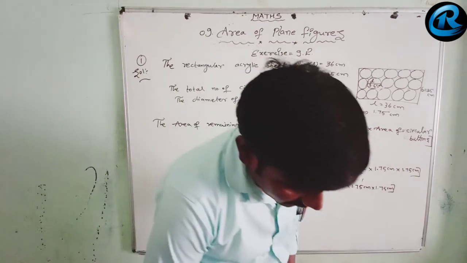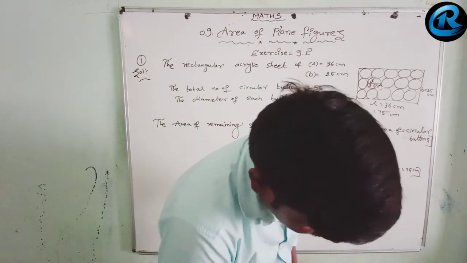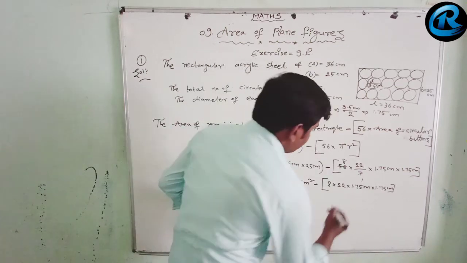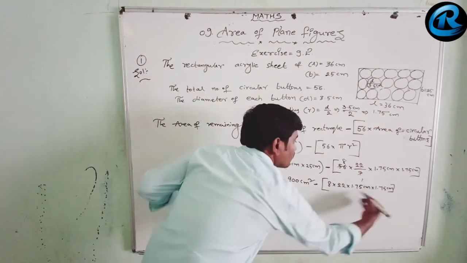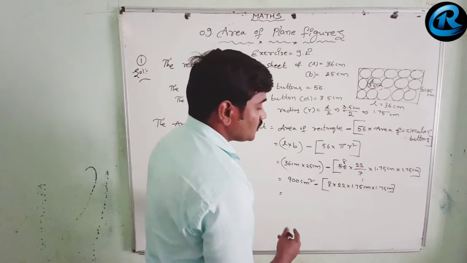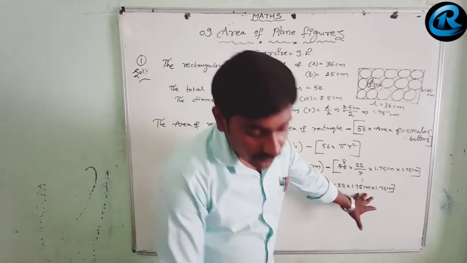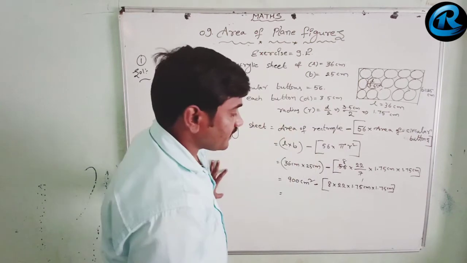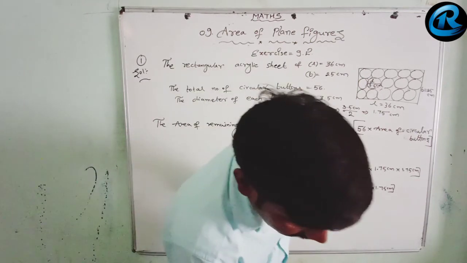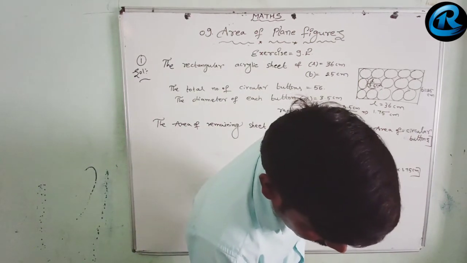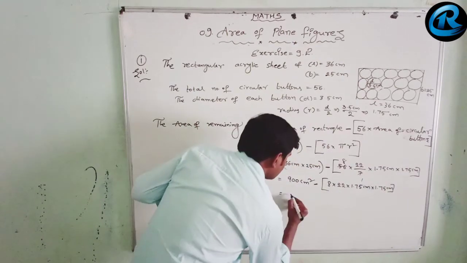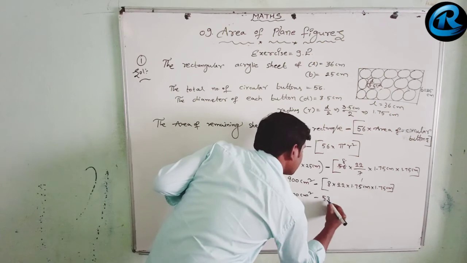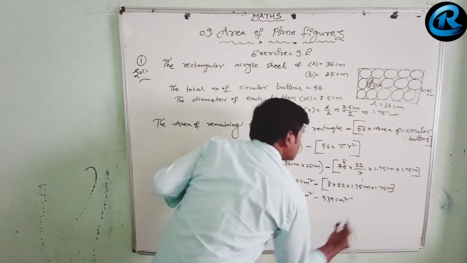I got 539. So this will be equal to 539. Just multiply and check it, you will get the same thing, 539. So 900 centimeters square minus 539 centimeters square.